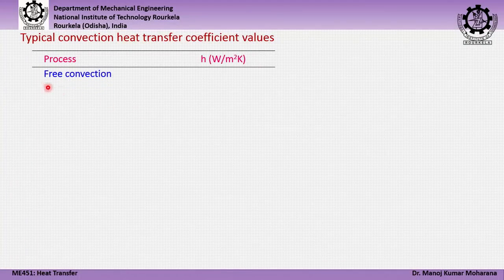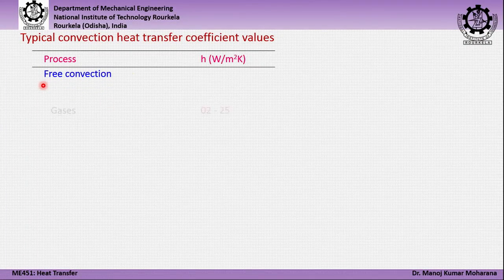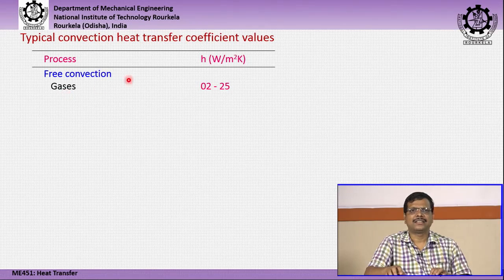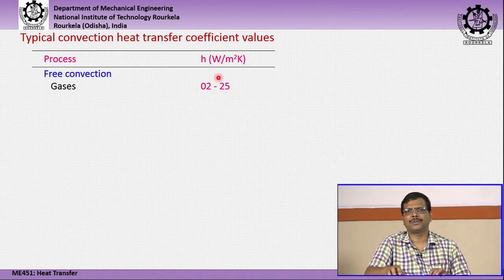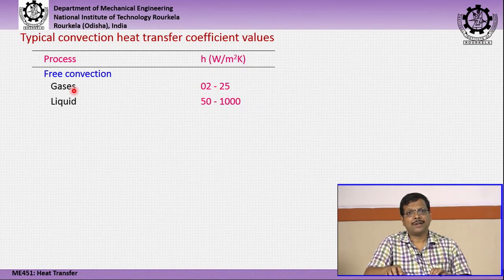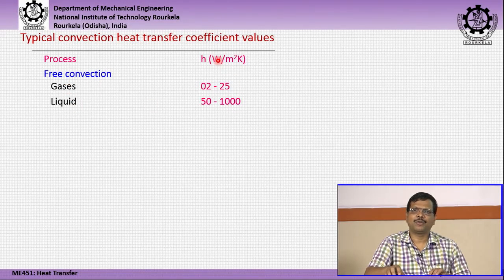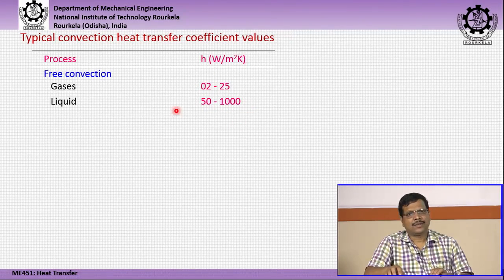For example, for free convection in gases, h will lie in the range of 2 to 25 watt per meter square Kelvin, whereas for a liquid, for the same free convection, the heat transfer coefficient increases to around 50 to 1000 watt per meter square Kelvin.